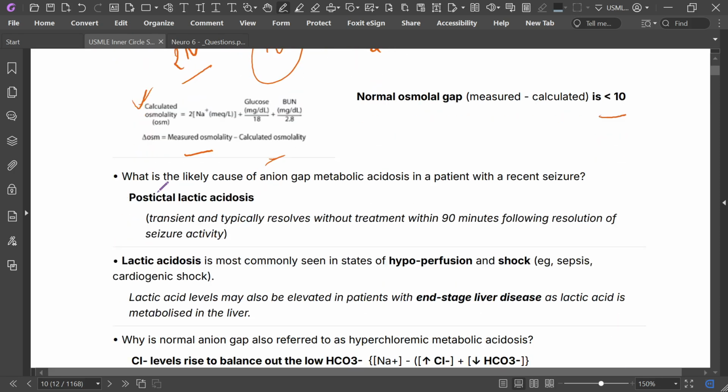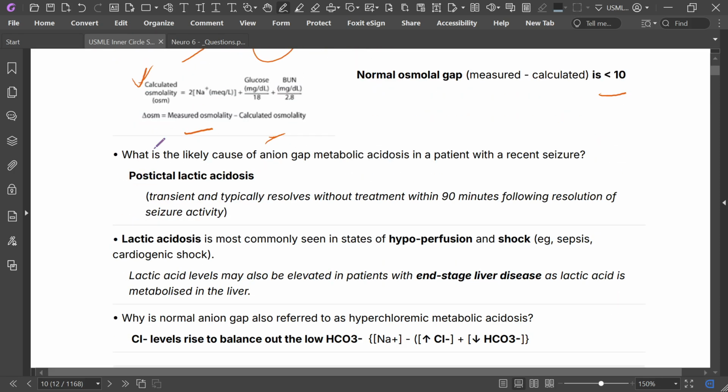Okay, there is a very important question: what is the likely cause of anion gap metabolic acidosis with a recent seizure? Somebody comes with a seizure and you are confused, is it a true seizure or pseudo seizure? What you can do is check the lactate level.